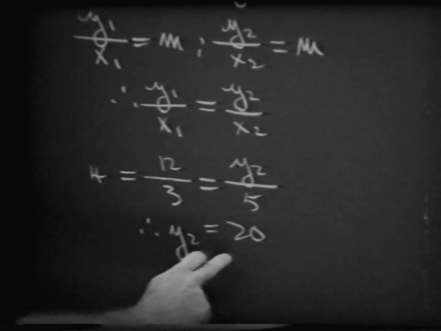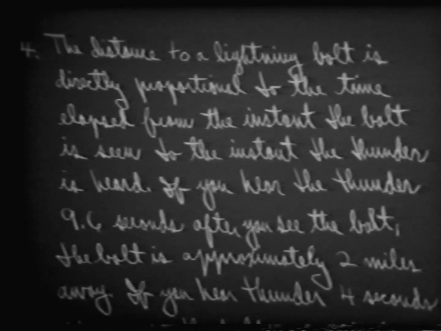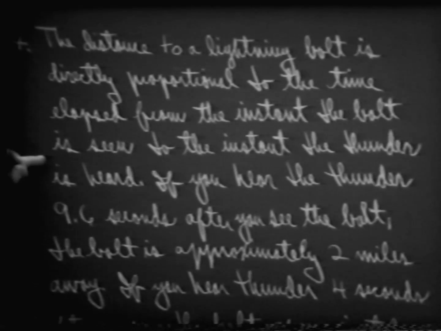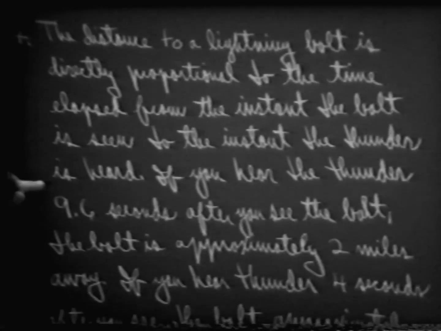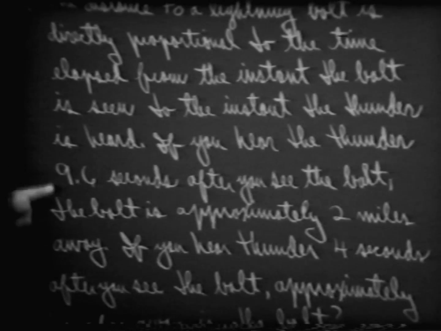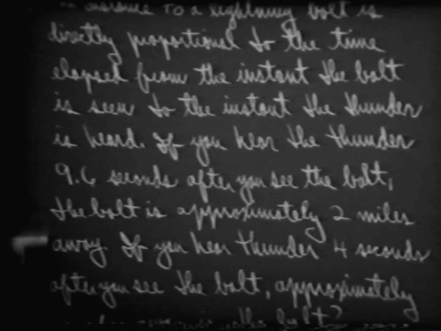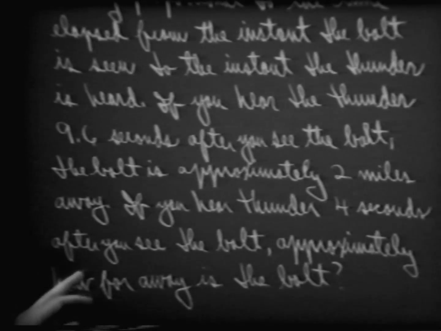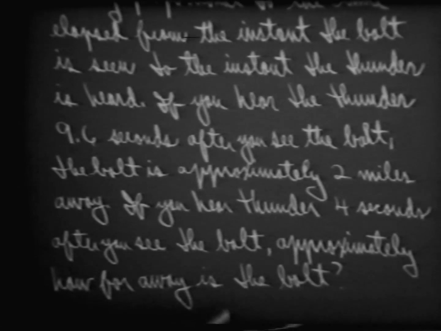Okay. Let's look at another problem in which the distance to a lightning bolt is directly proportional to the time elapsed from the instant the bolt is seen to the instant the thunder is heard. Now, if you hear the thunder 9.6 seconds after you see the bolt, it is approximately 2 miles away. If you hear thunder 4 seconds after you see the bolt, approximately how far away is the bolt?